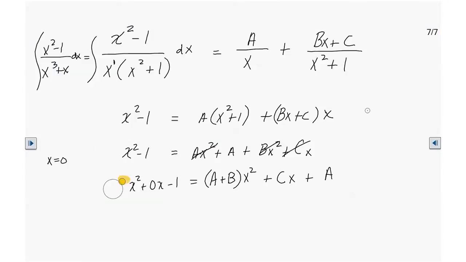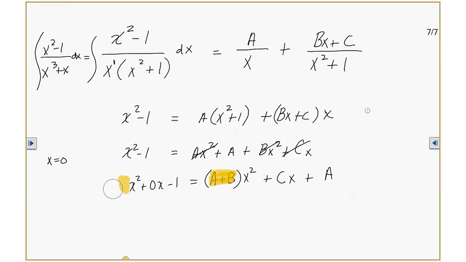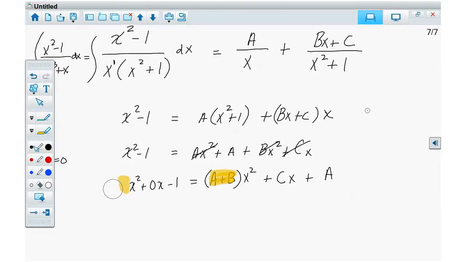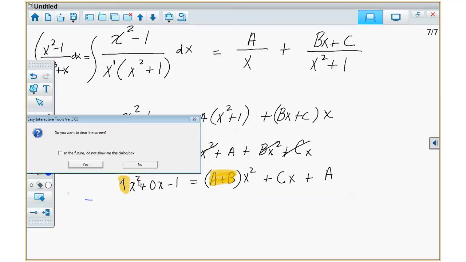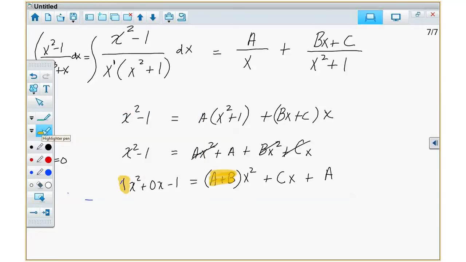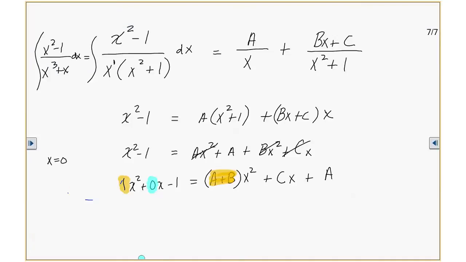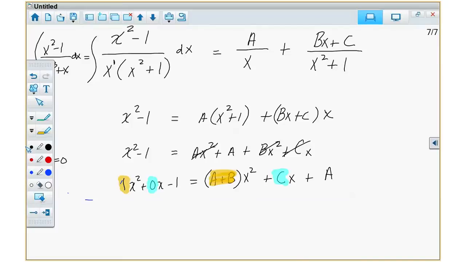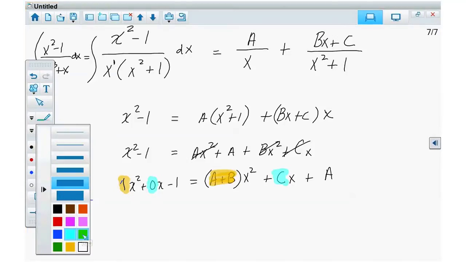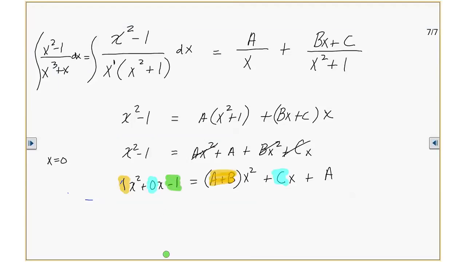The 1 that's right here is equal to what? A plus B. That's right, class. What's the 0 equal to? Well, let's take our aqua highlighter. What's the 0 equal to? And what's A equal to? Negative 1.